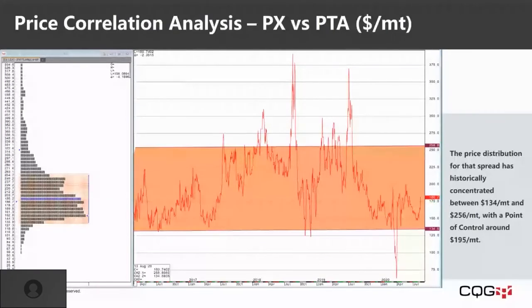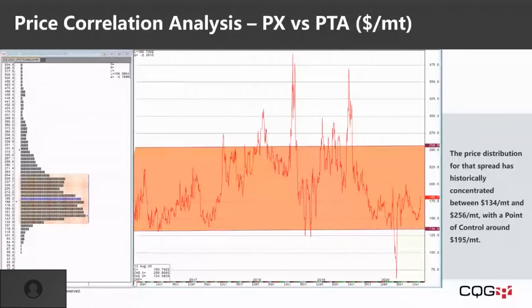And the point of control, meaning the most adequate price, is around $195. This chart is pretty important when it comes to the arbitrage of that spread, because anything outside of that is fairly interesting to try and catch, but unfortunately those are prices that are considered rejected.